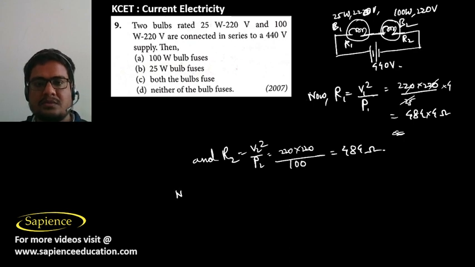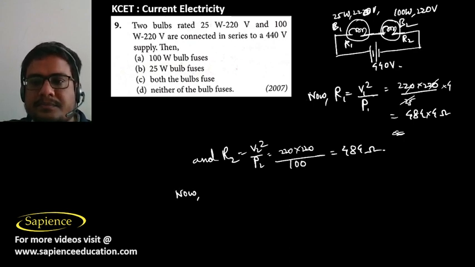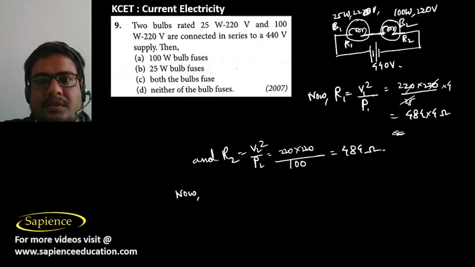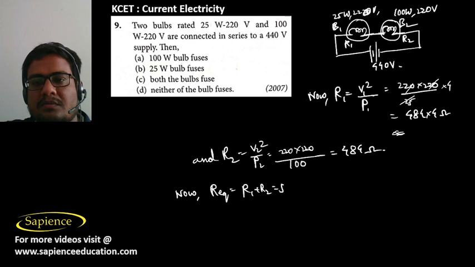So now therefore their equivalent resistance, they are connected in series, so which is R1 plus R2, so that will be 5 into 484 ohm.